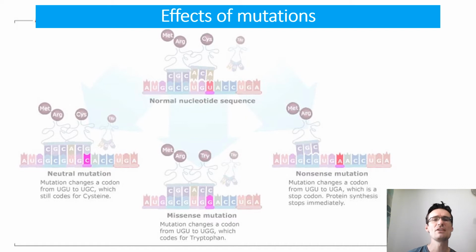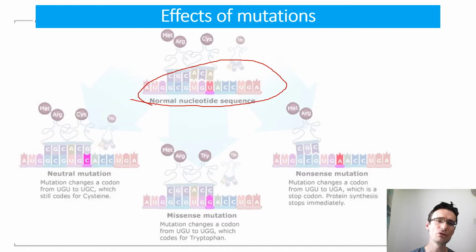Now, the effects of mutations can be quite different. If we've got the normal DNA or nucleotide sequence at the top of the board here, you can have something called neutral mutations. A neutral mutation is where one codon changes to another codon.